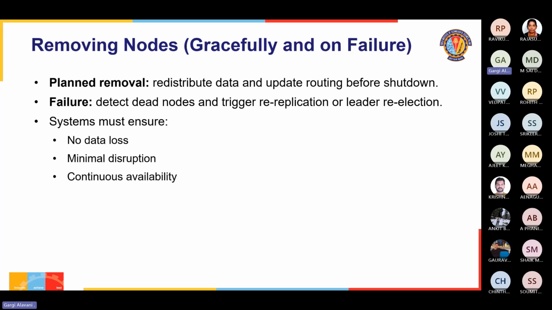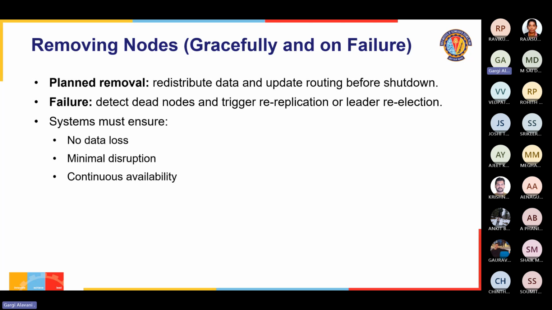Nodes can also be removed, as we just discussed, either intentionally or due to a failure. In a planned removal, the system redistributes the departing node's data to others, and it will update the routing information as we just discussed. In case of failure, nodes will use heartbeats or gossip to detect the failure, and it will trigger recovery actions like replication or re-election of leader, which we also discussed in earlier slides.